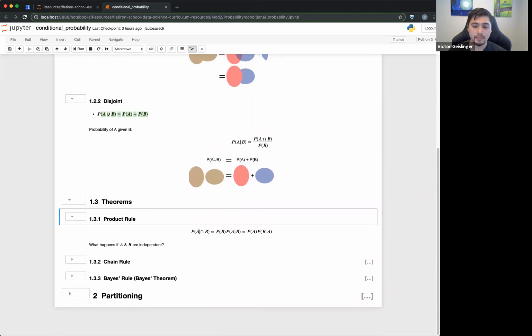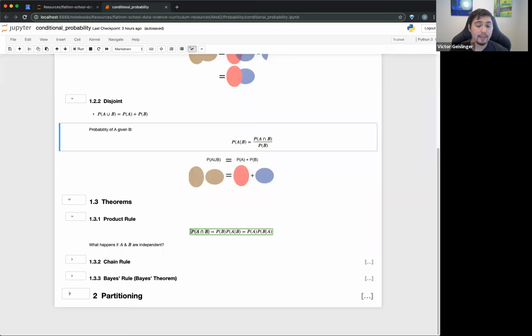This is true for all sample spaces: the probability of A intersecting with B is simply the probability of B times the probability of A given B. You can see mathematically, if I took this part and moved it down into that equation, it'd be probability of B times probability of A intersecting B divided by probability of B. Well, probability of B cancels out, and you're just left with P of A intersecting B, and that's what this is right here.